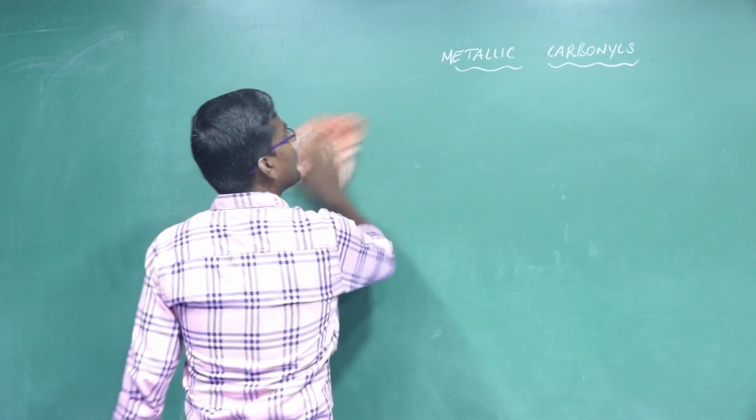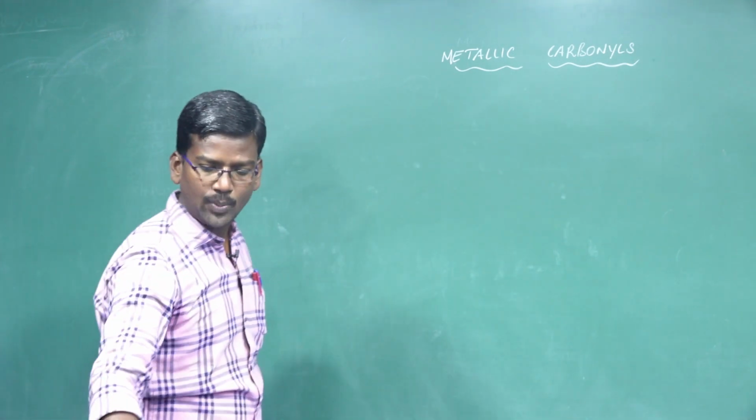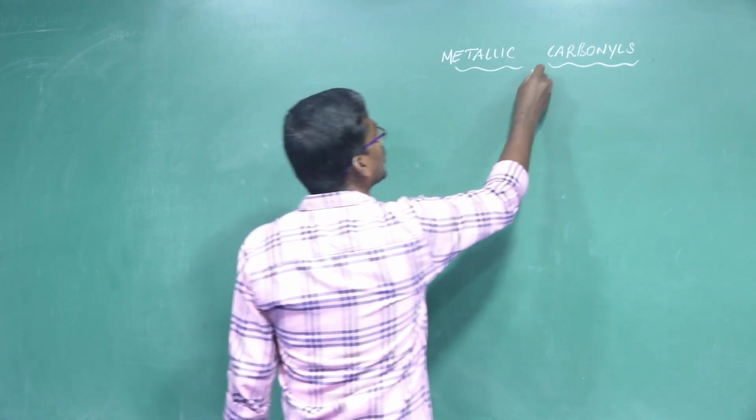Classification. Metal carbonyl complexes are mainly classified into two types.